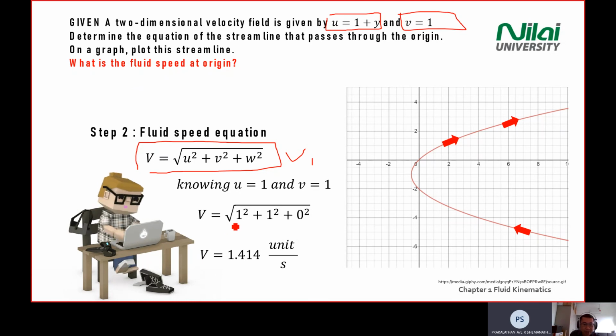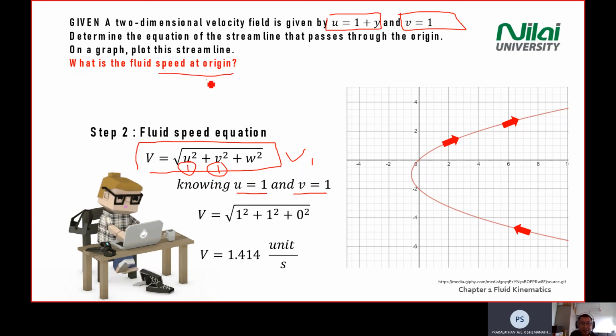Just now, because u is 1, v is 1. You understand why we get 1? How we get 1 for each one of these? You understand why we can get 1? Why? Because it asks you at the origin.